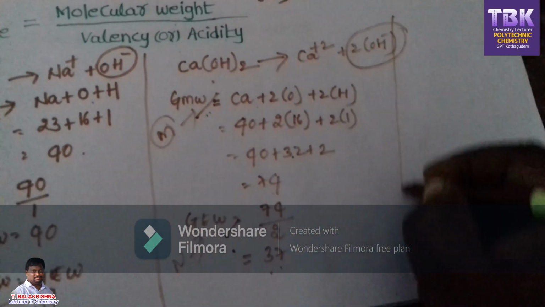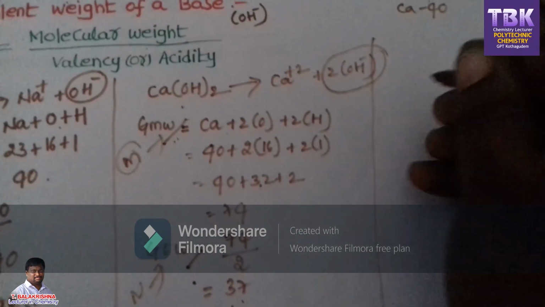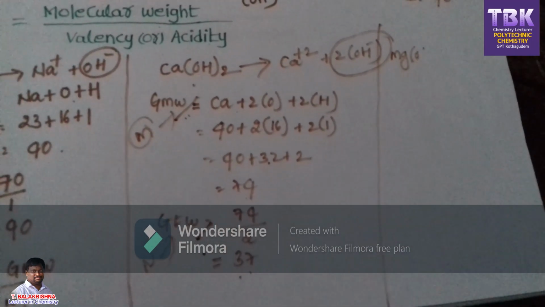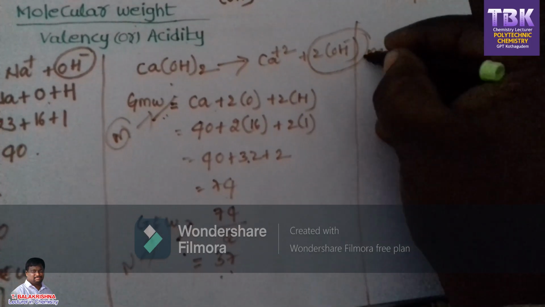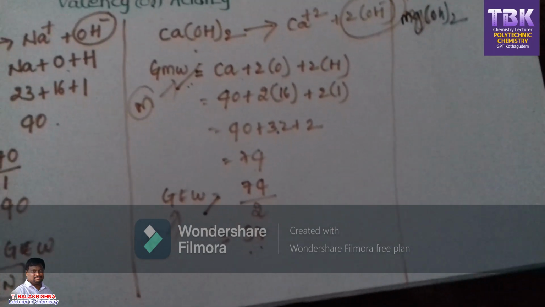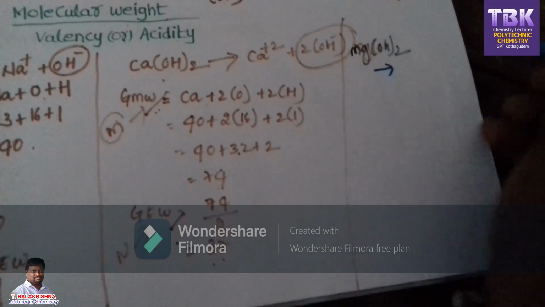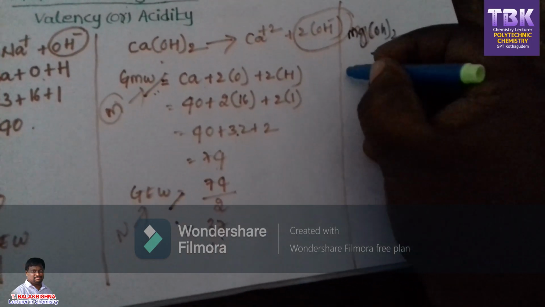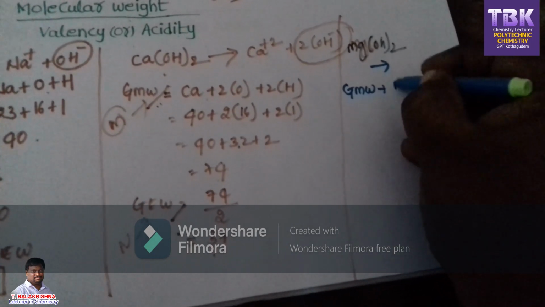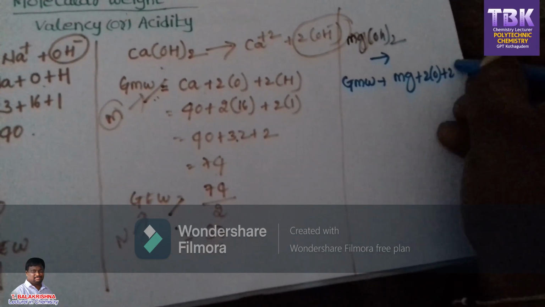Is it clear? Take another example. Magnesium hydroxide, Mg(OH) taken twice. Before writing the equation, first find the gram molecular weight. It contains 1 magnesium, 2 oxygens and 2 hydrogens.